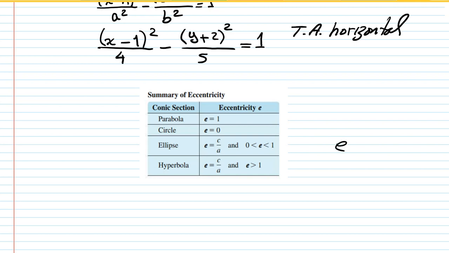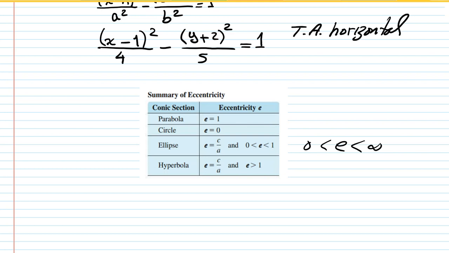In general, eccentricity lies between 0 and infinity, because for a hyperbola, greater than 1 means up to infinity. But seldom do we work with infinity for eccentricities. That's when the branch of the hyperbola becomes almost vertical.